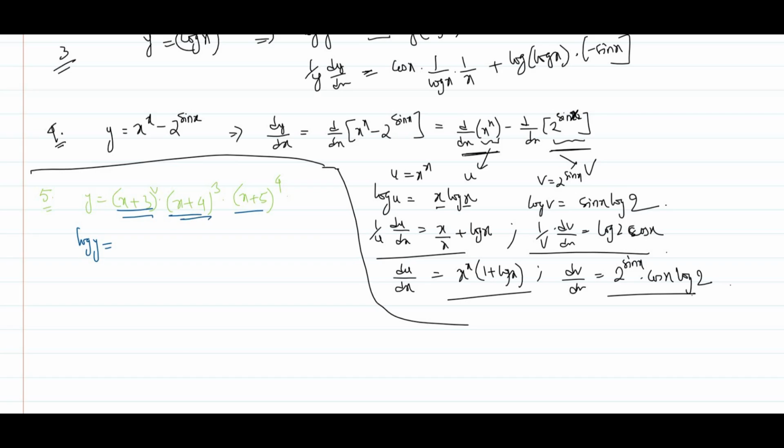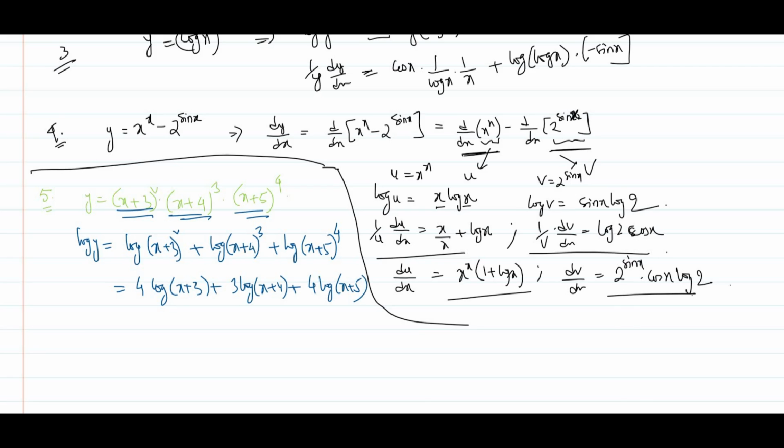So this is a product of 3 different functions, so we can separate the functions in the form of addition, and hence we can apply differentiation on both sides, that is this will be equal to 4 by x plus 3 plus 3 by x plus 4 plus 4 by x plus 5, and then you can put y to this side to obtain dy by dx.